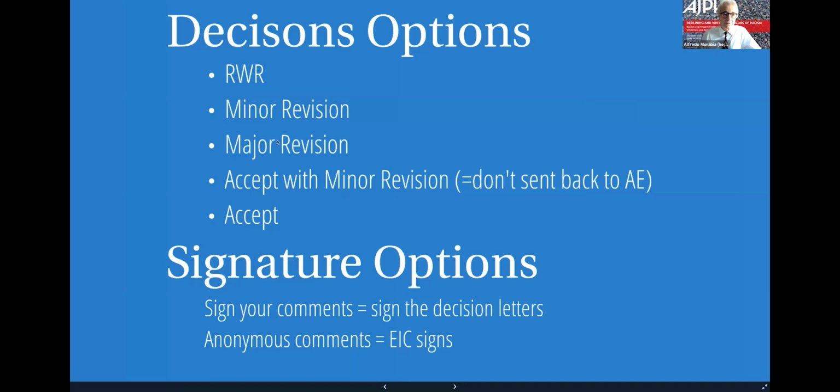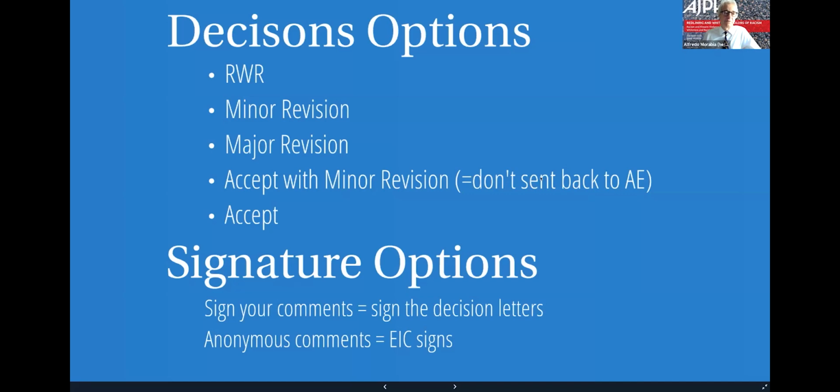But very importantly, for all the decisions that are not the final accept or reject, which I need by the bylaws to sign, you can sign those letters. Now, very important: accept with minor revision. When you send me this decision, it means don't send this paper back to me.